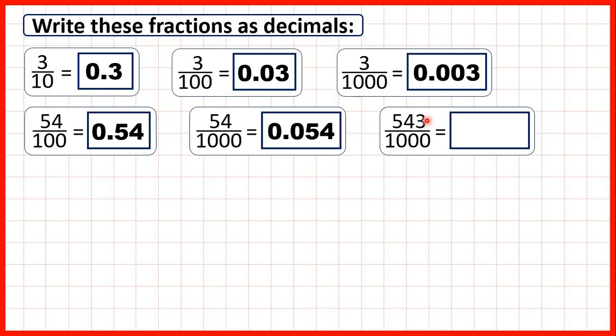Finally, we have 543/1,000ths. Again, the denominator of 1,000 tells us that we can only have 3 digits after the decimal point, so that's 0.543. So the 4 gets pushed over into the hundredths column, and the 5 gets pushed over into the tenths column. Now let's take a closer look at some of these questions.